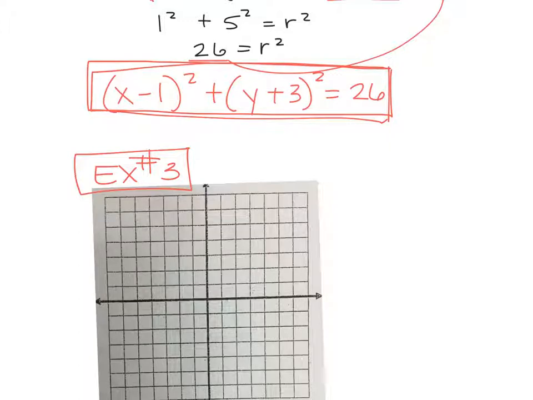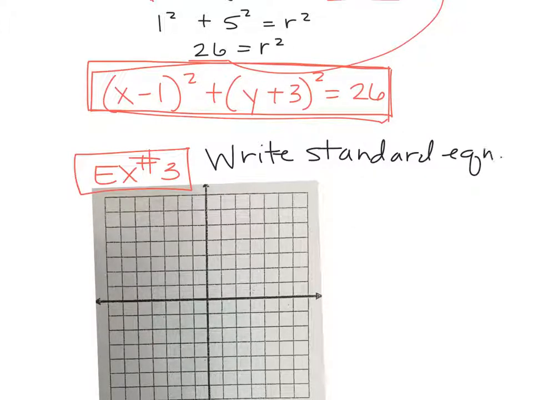Okay, so for example 3, it's going to say, write the standard equation of the circle. Okay, and you have this circle. Does red show up okay on the graph?